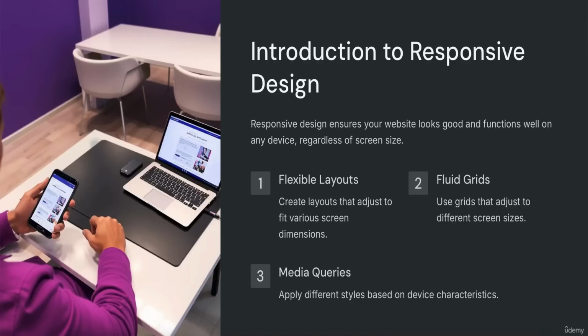Responsive design addresses this by using techniques such as fluid grids, flexible images, and CSS media queries. In this video, we'll walk through the specific tools and techniques that make responsive design possible, starting with media queries.